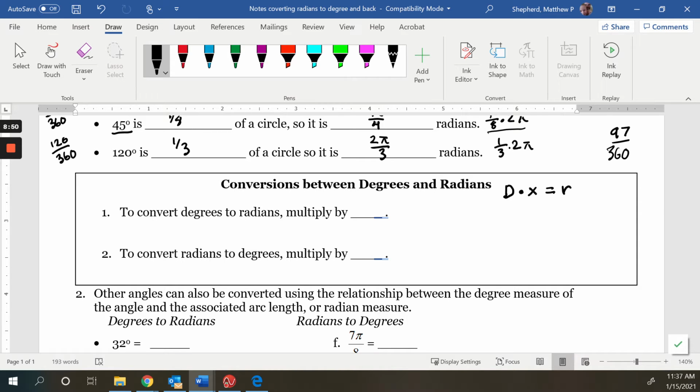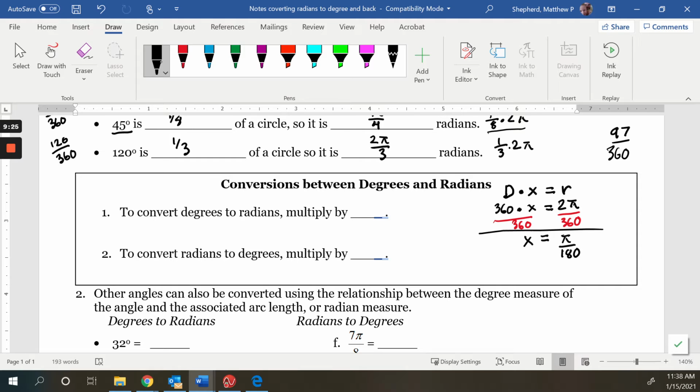So let's try this out and see if this works. And let's try it out with some numbers we already know. We know that 360 degrees should be able to convert to become 2 pi radians. So if I solve for x in this, dividing by 360 on both sides, we end up with x is equal to pi over 180.